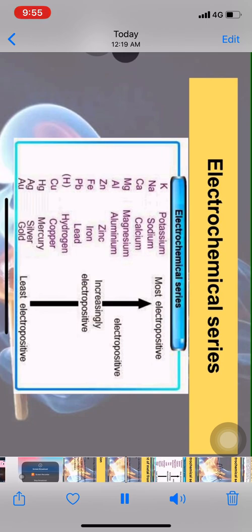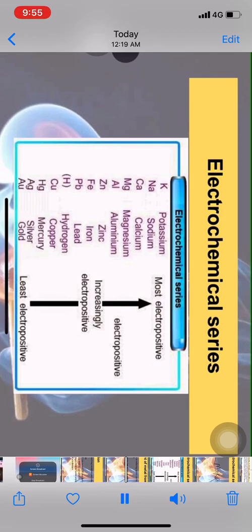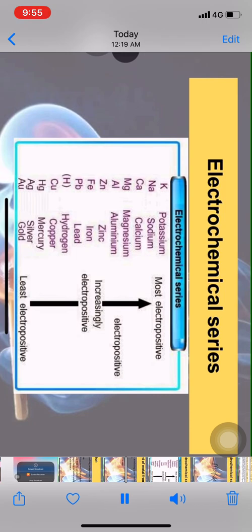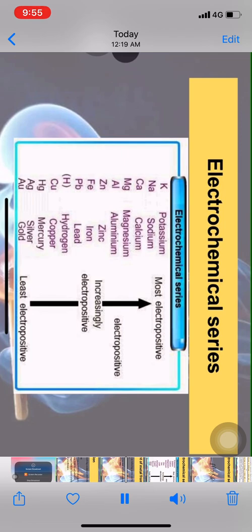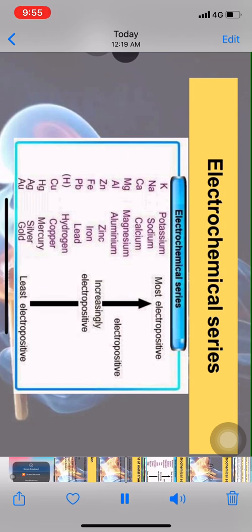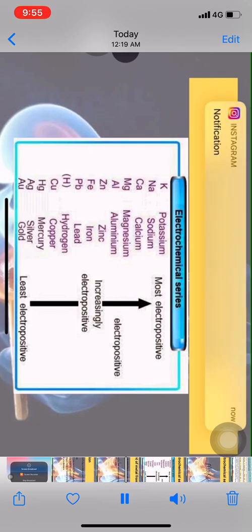Let us see from the top to the bottom. You see K, potassium, Na is sodium, Ca is calcium, Mg magnesium, Al aluminium, zinc. We have iron.